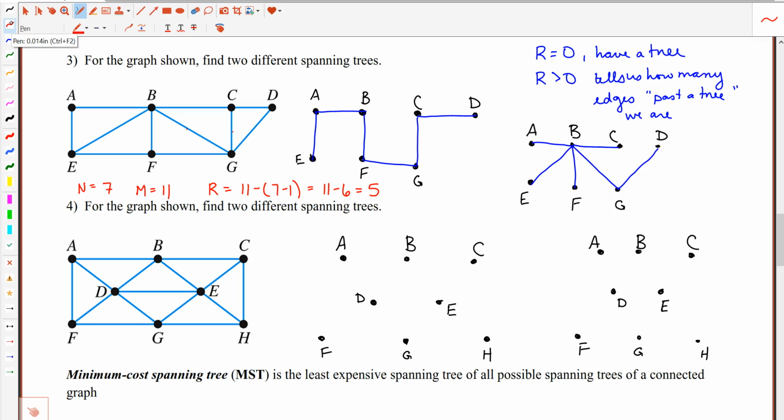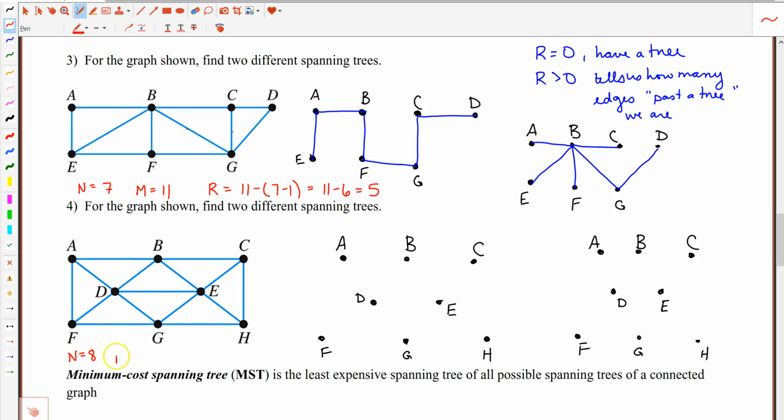Alright, so I like to do those calculations before I get started, just so I know how many edges I'm looking at. So in this graph, I have 1, 2, 3, 4, 5, 6, 7, 8 vertices. That means in any spanning tree, there'll be 8 minus 1 or 7 edges.